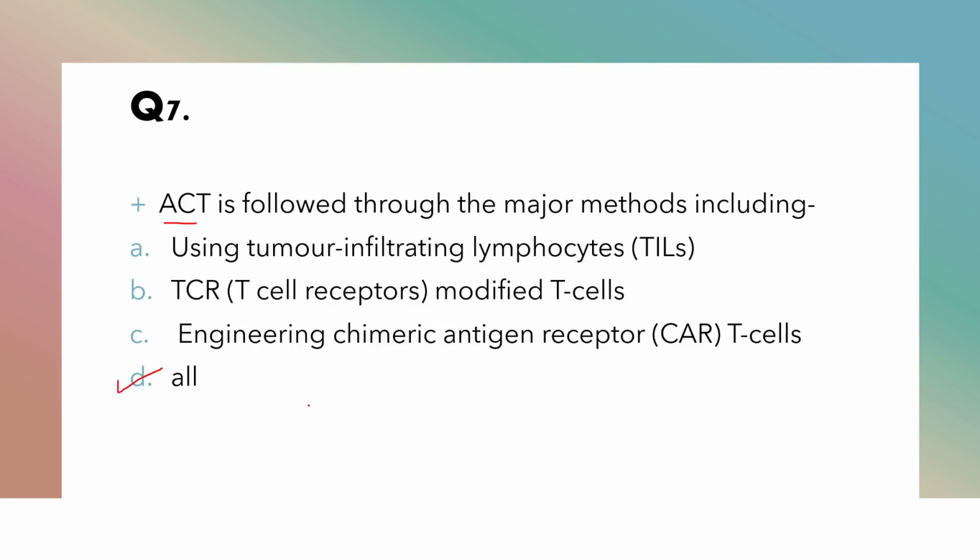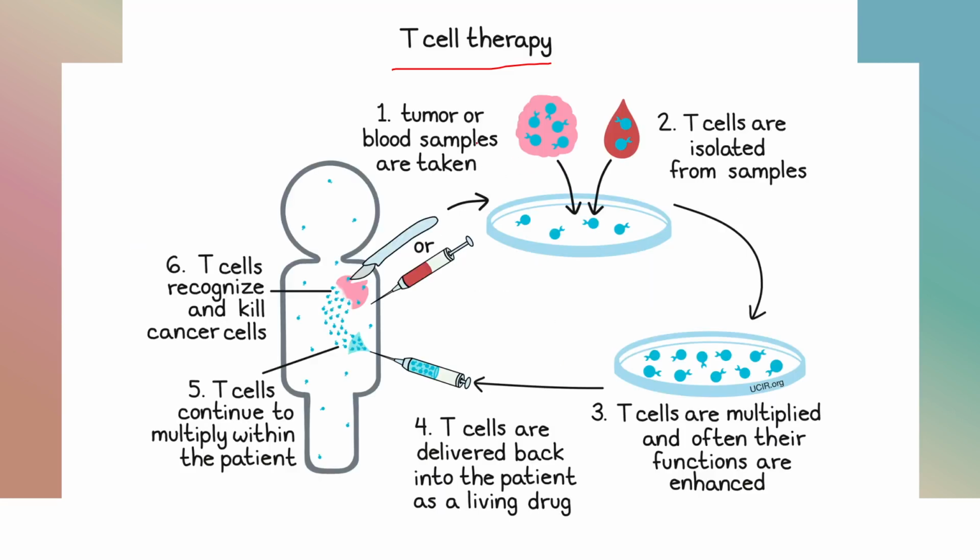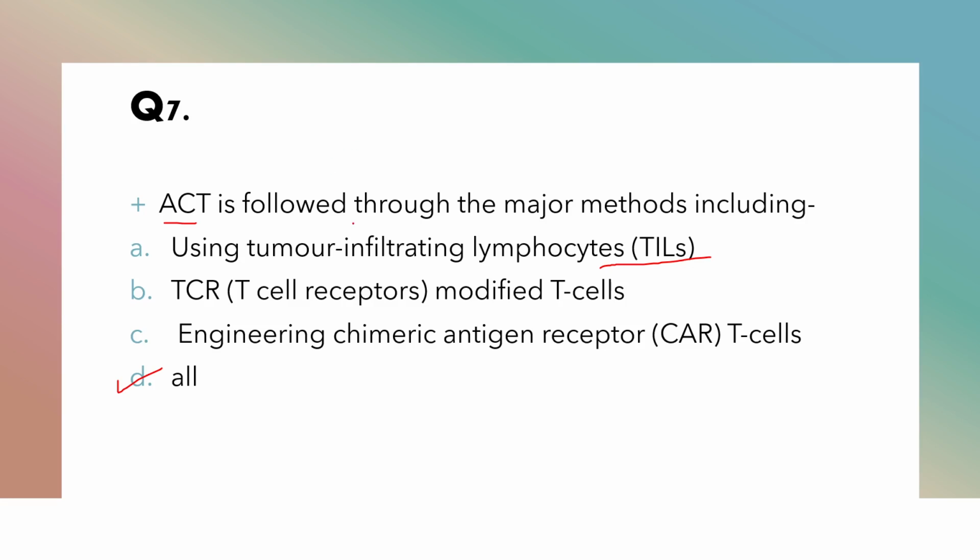So ACT, that is adaptive cell therapy, is followed through different methods, including tumor infiltrating lymphocytes. We were just talking about it in the previous case. So we are taking tumor or blood samples. Tumor infiltrating lymphocytes means those lymphocytes which can infiltrate the tumor.